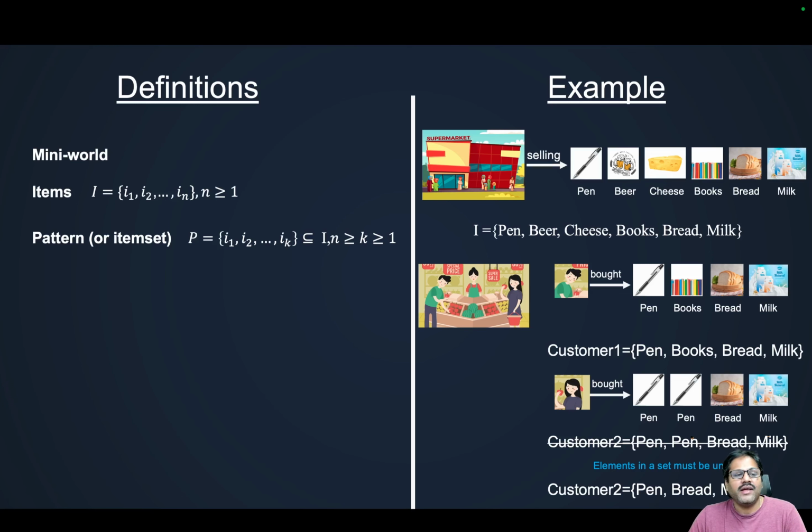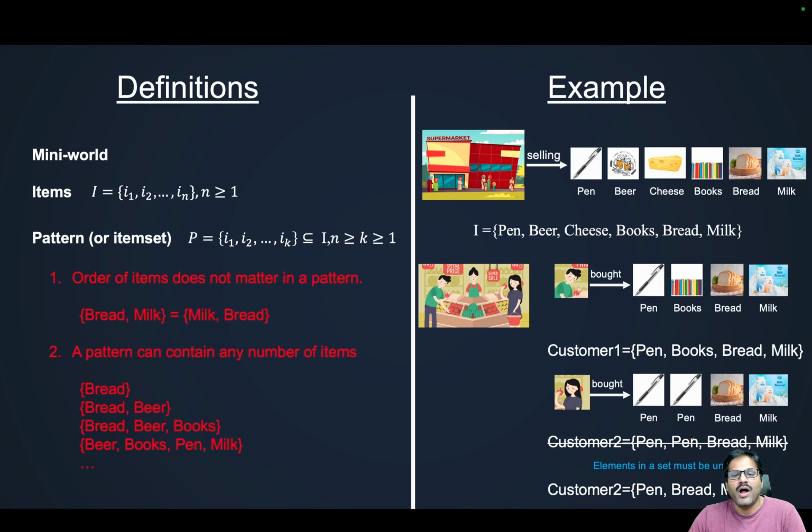A pattern has two important properties. First, the order of the items does not matter, and second, a pattern can contain any number of items. If you are familiar with 1 gram, 2 grams, you can think of a pattern as an n-gram, where n can be 1, 2, 3, and so on.